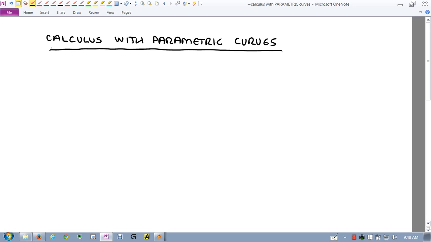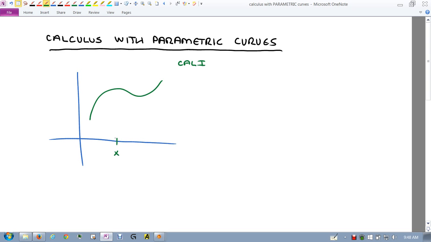Okay, so the calculus with this. Because it's our last day, we're not going to get into a lot of deriving where it comes from because of time. I want to get to polar coordinates. So we know that when you have a regular curve, back in Cal 1, when you pick a point x, there's a corresponding y value up here.